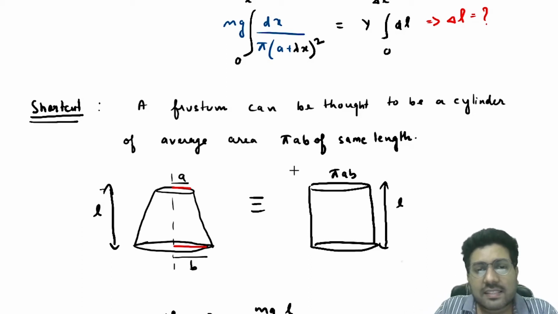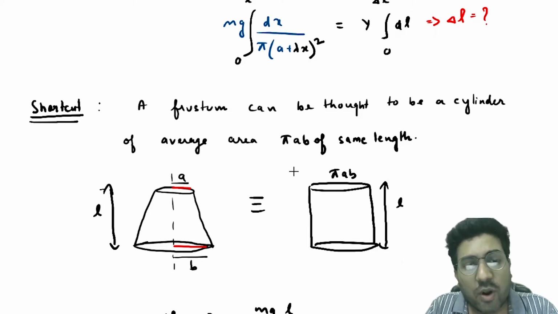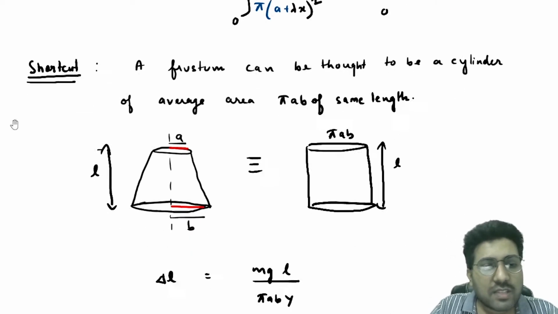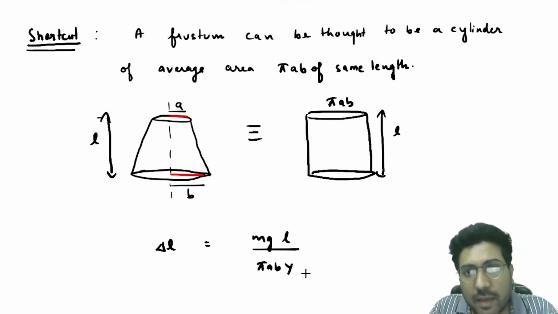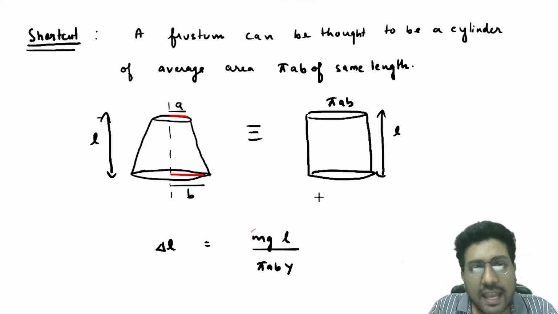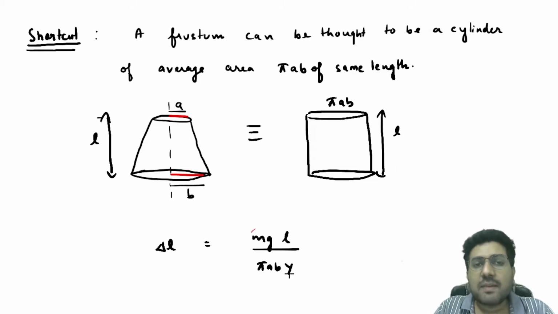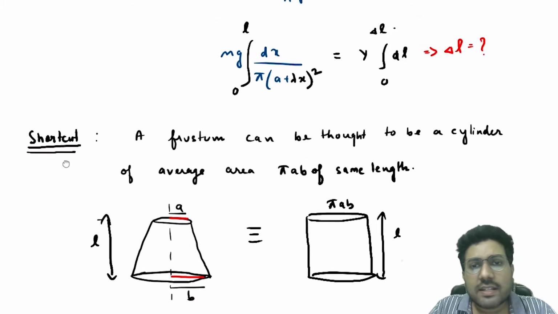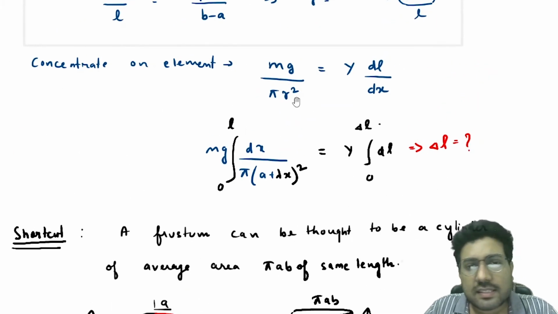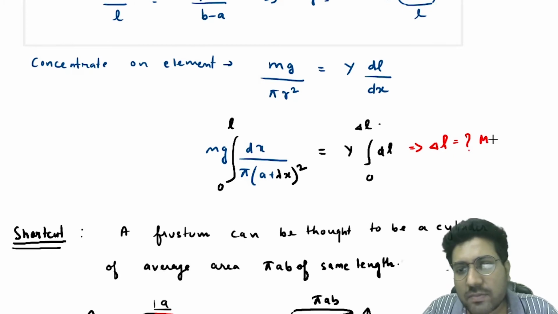In that case, the area of cross section becomes uniform and the elongation comes out to be delta L is equal to FL by AY. F is mg, L is length L, area is pi AB multiplied by the Young's modulus. So when you integrate this, you will get the same answer, and that will be equal to mgL by Y pi b.